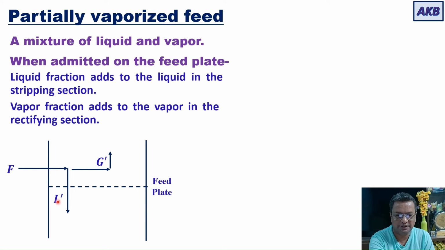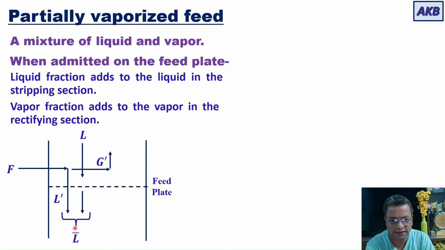So let the flow rate of the liquid part of the feed into the stripping section be L dash, and flow rate of the vapor part of the feed be G dash, molar flow rate. Then you have liquid that is coming from the rectifying section. It will be adding to this L dash, and it will be getting L bar.